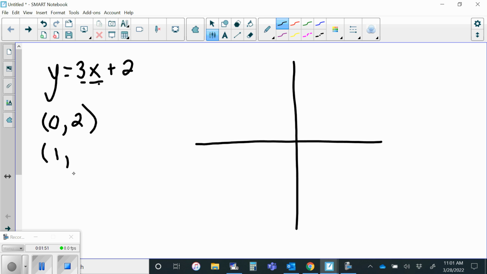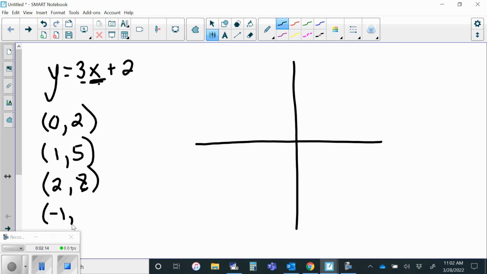What happens when I put a 1 in? What kicks out? What happens when I put a 2 in? What kicks out? 3 times 2 is 6, but then plus 2 is 8, right? Could I put a negative in? What's a negative 1?